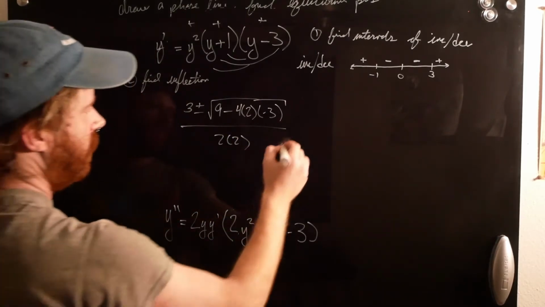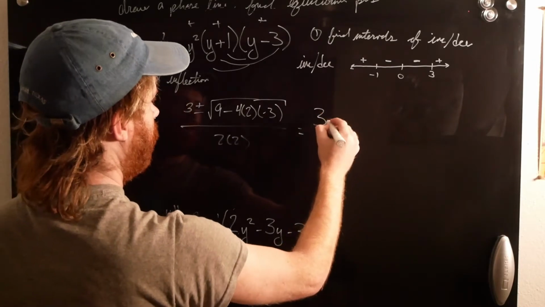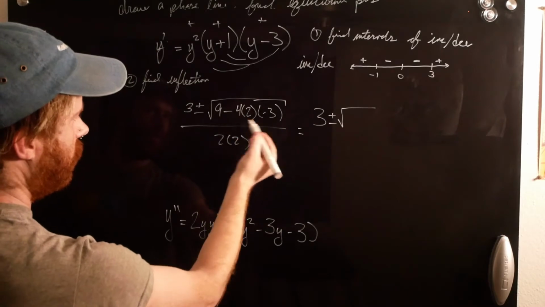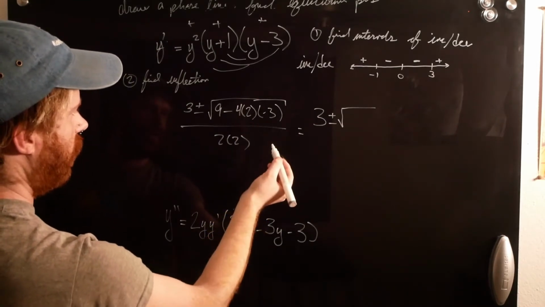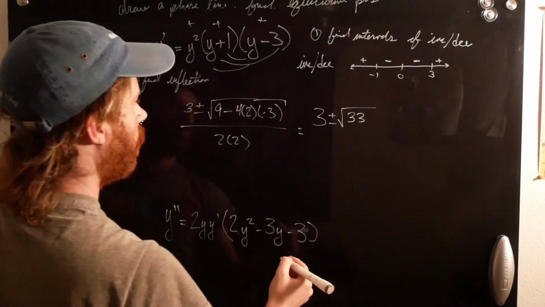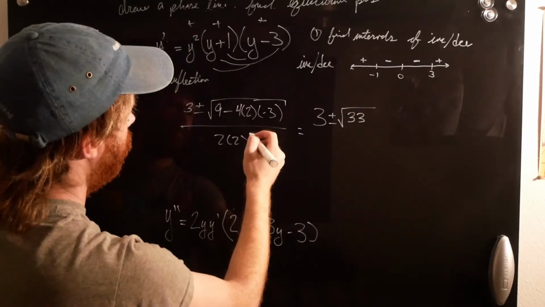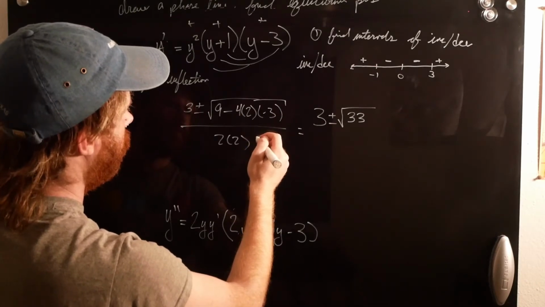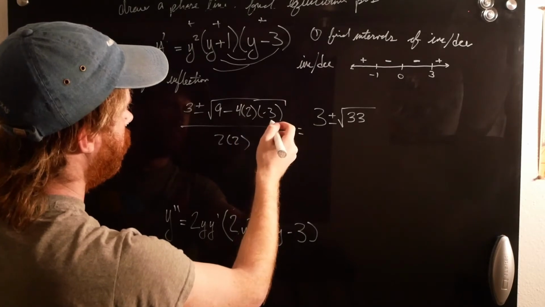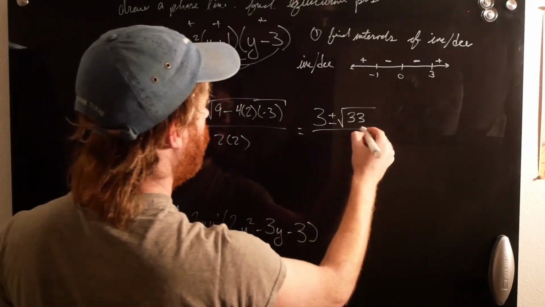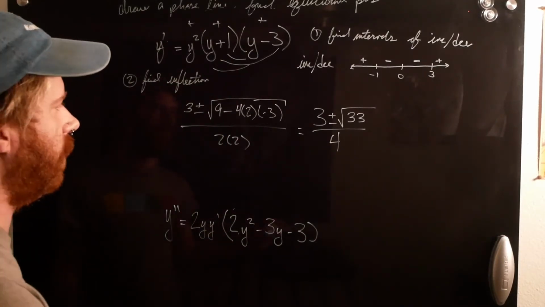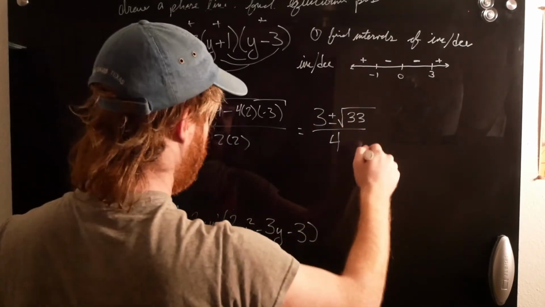So what we're going to get from simplifying that is 3 plus or minus root 9 plus 8, negative 3, so that's going to be 9 plus 24, which is 33. Sorry. Yeah, 8 times 3. Yeah, 33 over 4. I might have misspoken and did something wrong, I don't know. But I know that this is right.